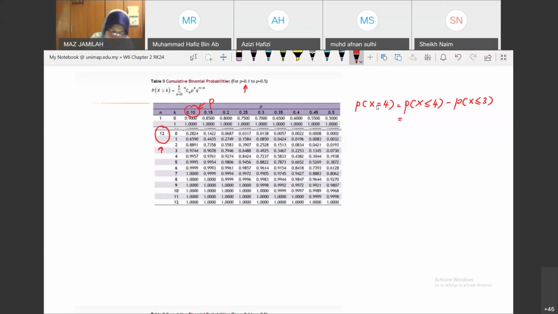For number of trials 12, 0.9957 minus P(X ≤ 3). Can someone calculate that? Is it 0.0213?